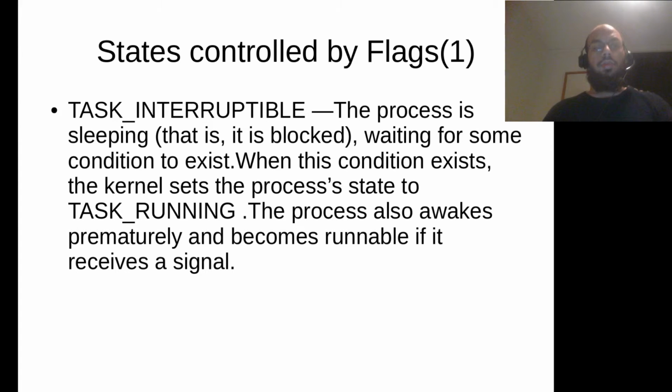An interruptible task is a task that is sleeping and that can move from the waiting state to the runnable state either when some condition exists, such as waiting for a network read or for a file to open, but also the process can wake prematurely and become runnable if it receives a signal.